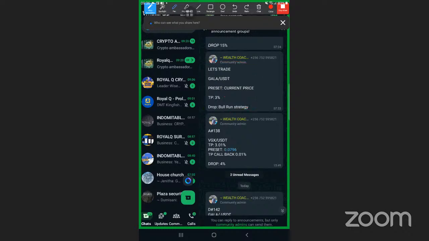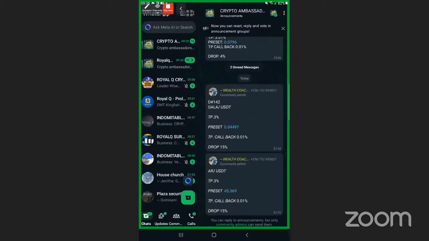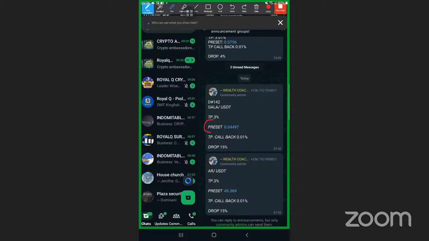And we have other signals, which we call preset signals, like this one and the ones I was using as an example at the bottom here. As you can see, it has a price that you input in your robot, so that when you click activate, the robot is not going to buy immediately, but will wait for the price of the coin to come to the preset price.